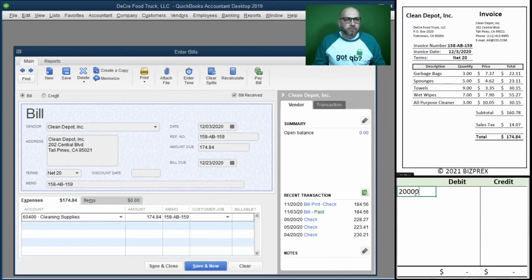Right, what's going on? We're borrowing, right? At this point, as we consume these items and we got this invoice, we owe money. So our liability goes up, and liabilities go up when credited, right? What else is happening? Our expenses go up. Here we are, right? Good to go. Debits and credits are in balance. Again, this amount is a debit to this account, and this amount is a credit to account 20,000, accounts payable, right?